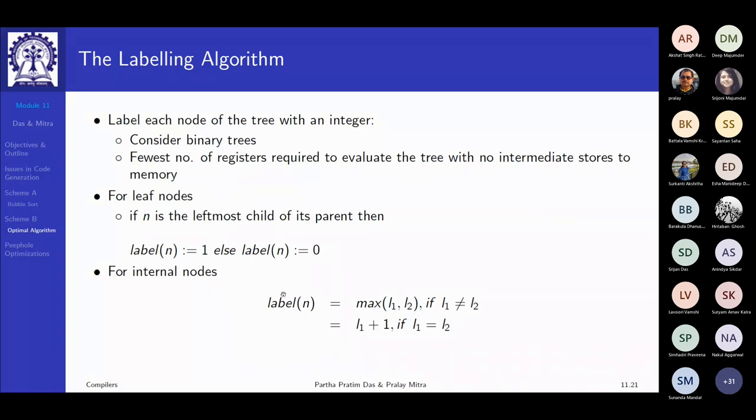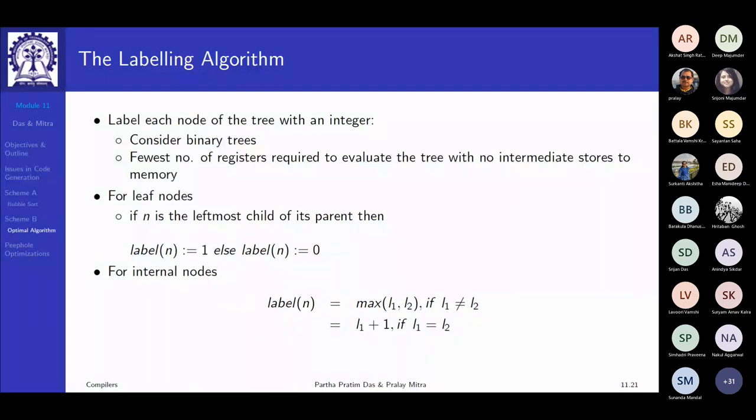Now for an internal node, I have 2 children. So I have 2 subtrees. So the label of n is the maximum of L1 and L2. L1 is the minimum number of registers to compute the left subtree.